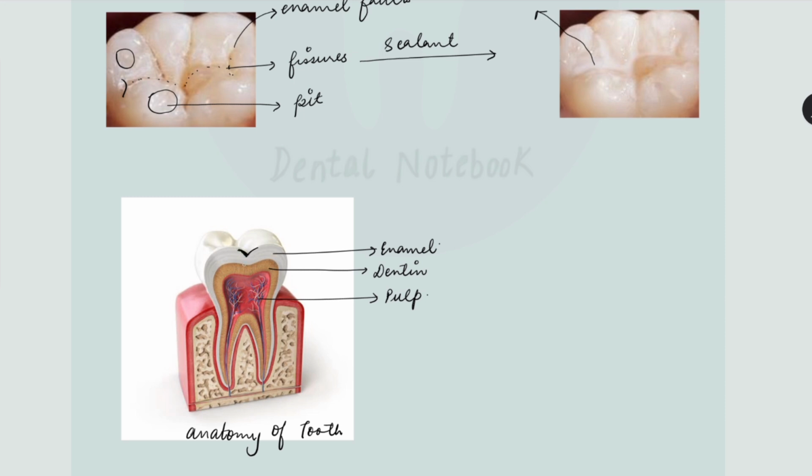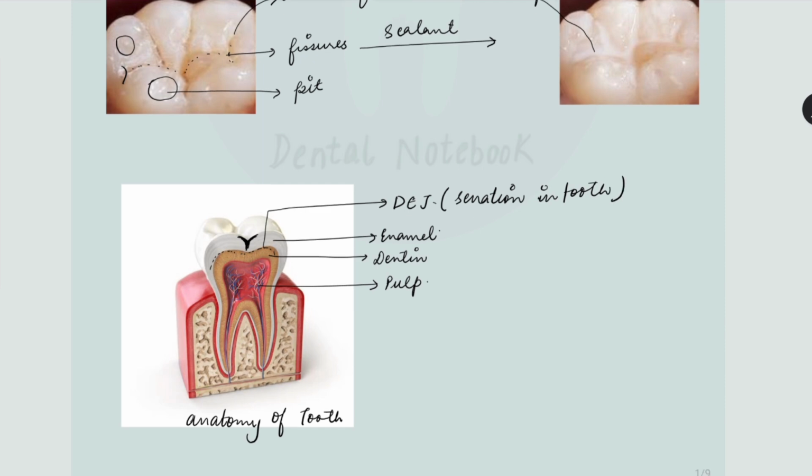Sometimes there is a narrow shaft present in these grooves, which leads to extensions towards the dentino-enamel junction. When these pit and fissures extend to the dentino-enamel junction, they can lead to sensation in the tooth. And if there is accumulation of bacteria, they will cause dental caries and further infect your pulp.